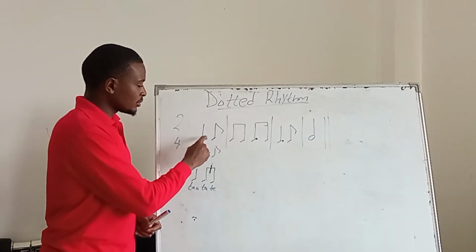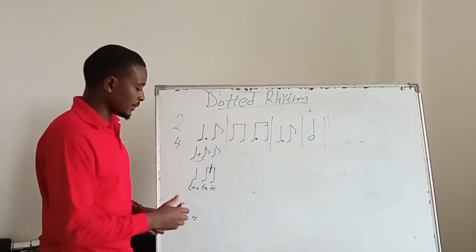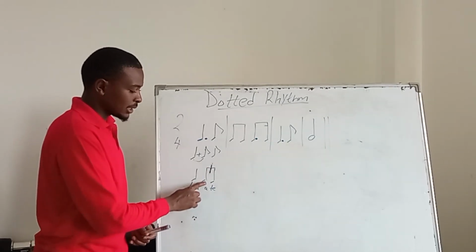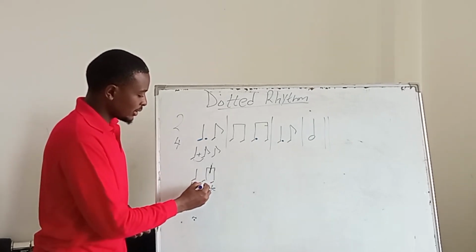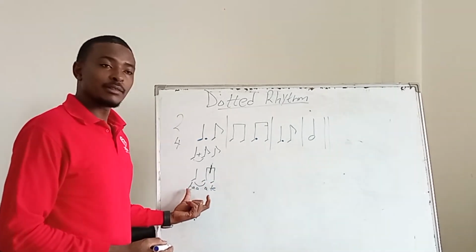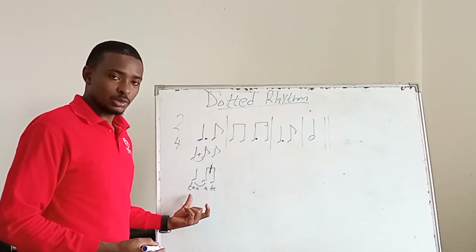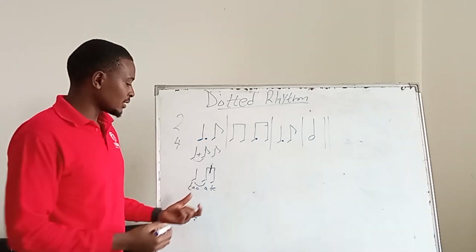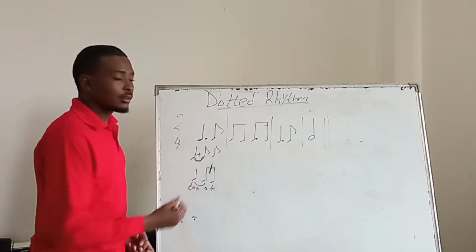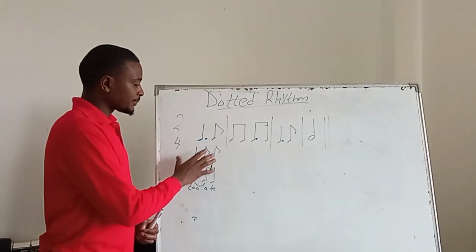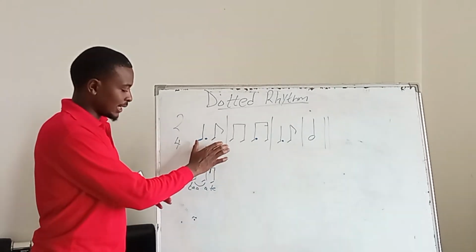But when you do the dotted rhythm, you do away with this ta here, and you put it to the first note. You pull it to the first note, and that's why you have this tie here for the two notes.